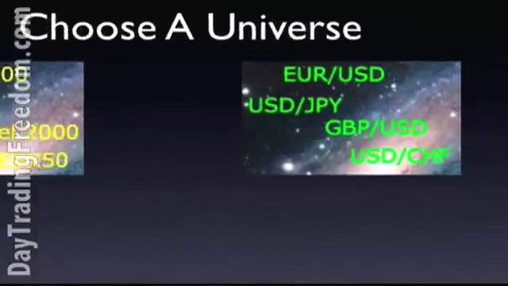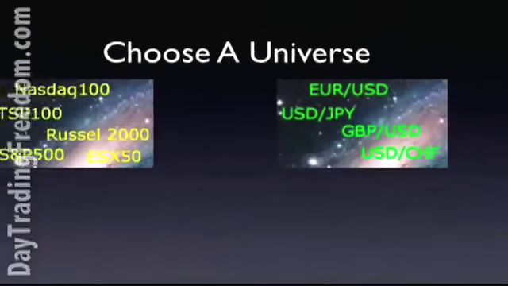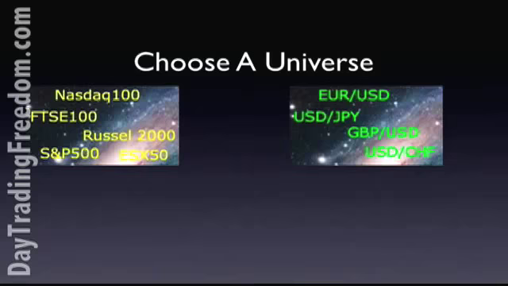Of the pairings that exist, only a certain number are realistically tradable because they're the ones that have got the volume going through. They're the ones that most people are trading, and so you could probably count on 10, maybe 20 at a push, decent currency pairs that you could lump into the Forex universe.